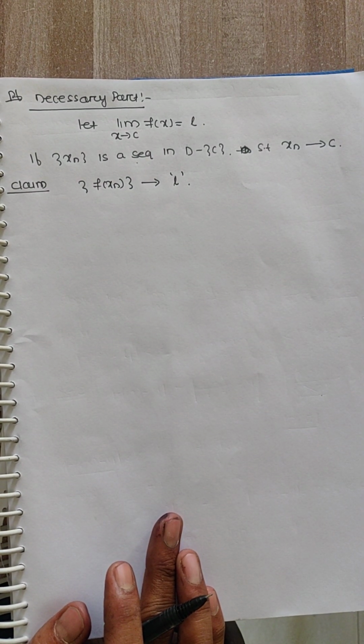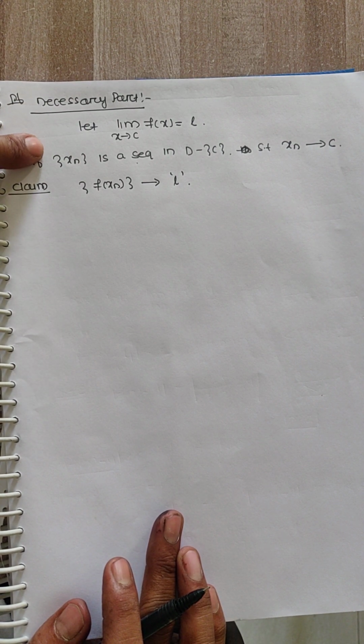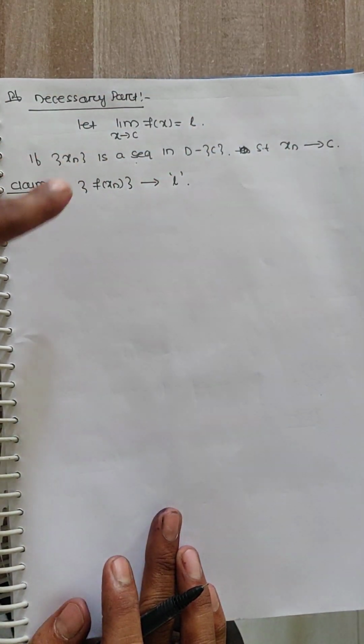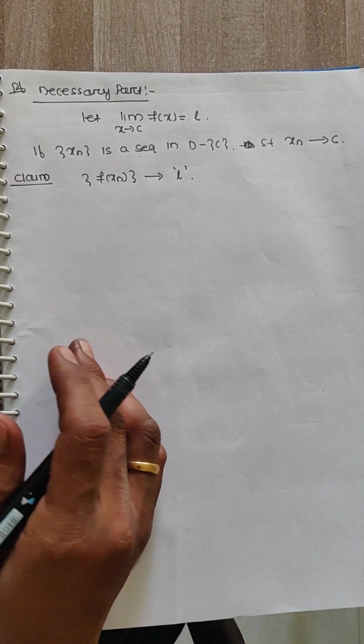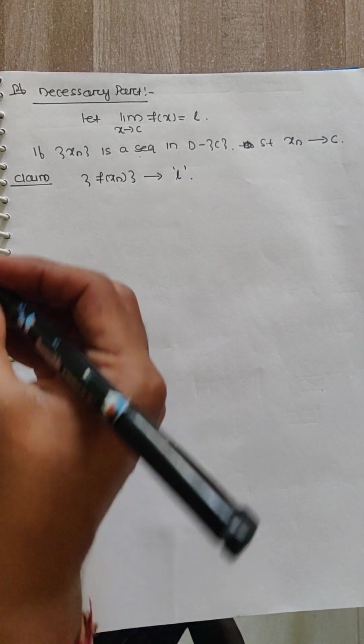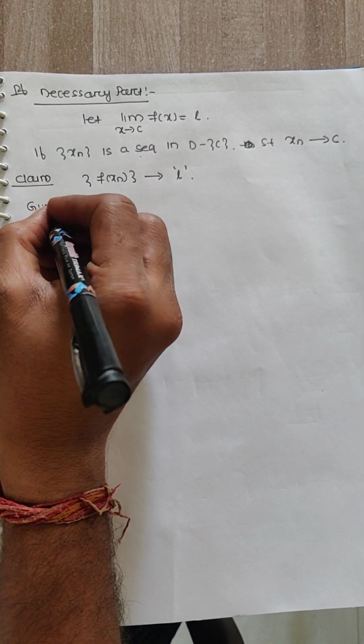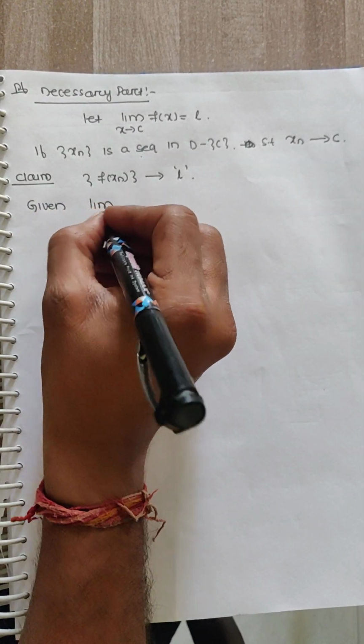So we are given that the limit exists and we have a sequence xn converging to c. Now I need to prove that the image sequence converges to L. We start with the given: limit x tends to c f(x) exists.